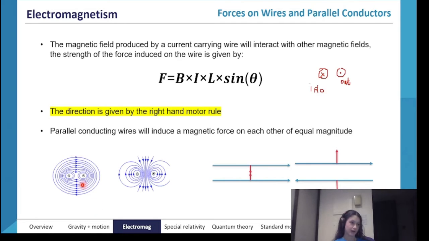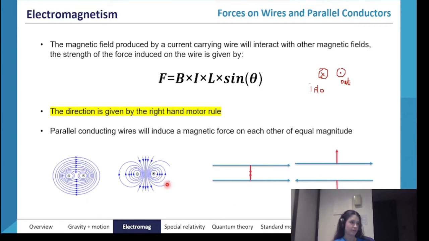And because of that, if we have two wires with current in the same direction, they're going to be attracted to one another. They're going to be pulled closer to one another.